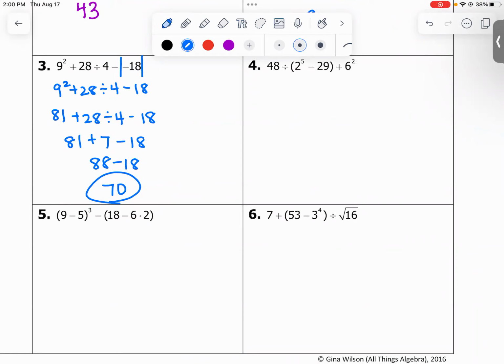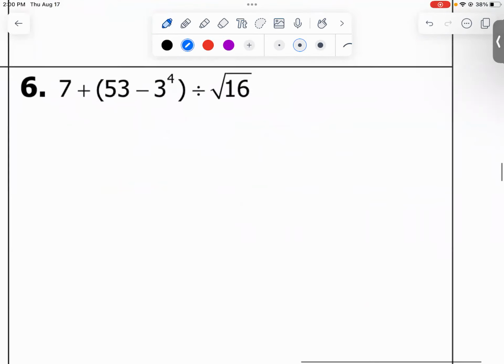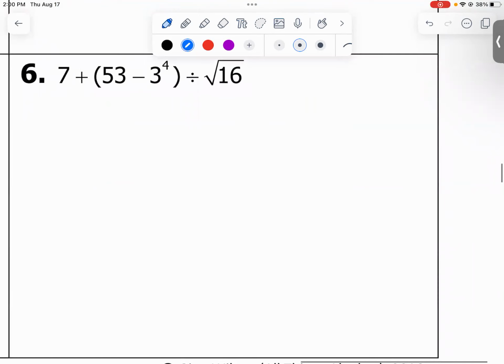Okay. Kyron, I want you to pick 4 or 5 or 6. Let's go with 6. All right, Kyron picked number 6. Okay. All right. We have some parentheses. We need to do what's inside the parentheses first.